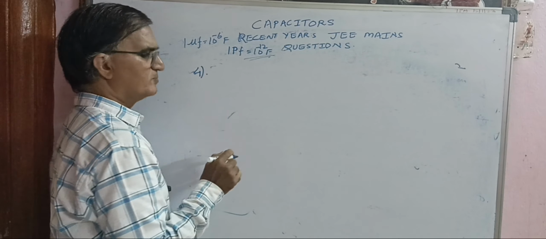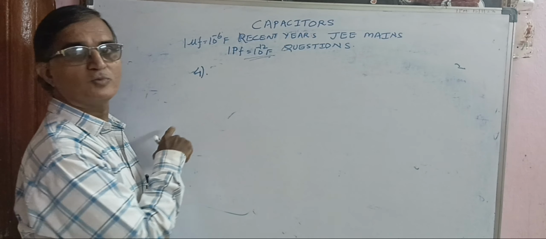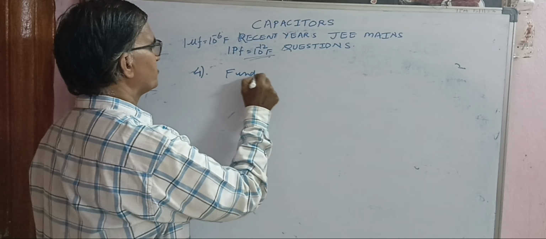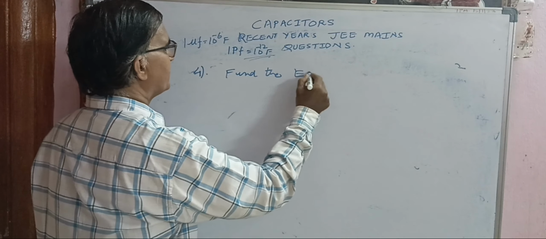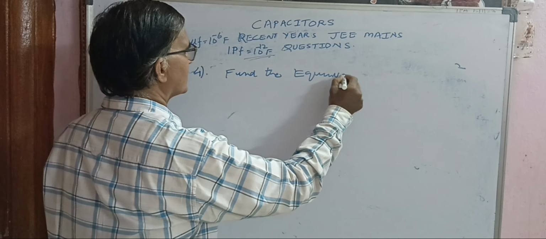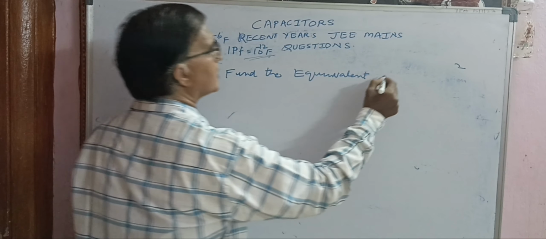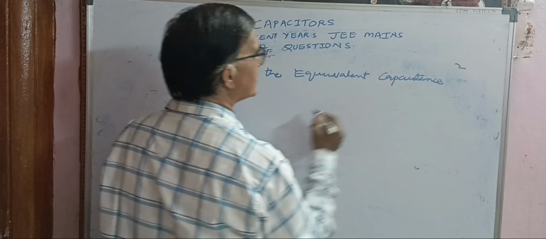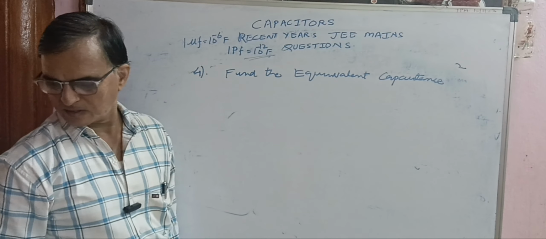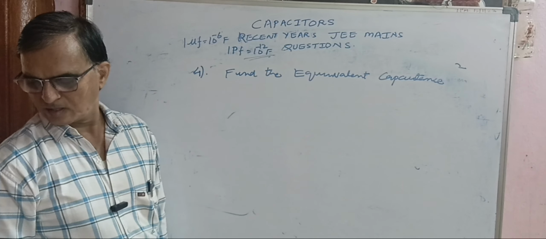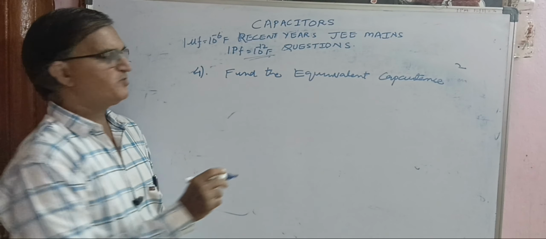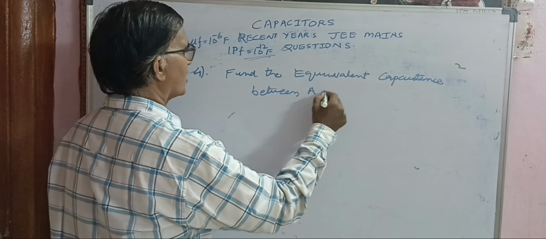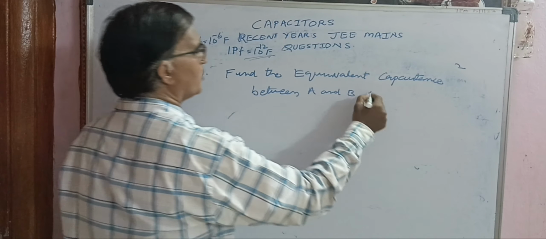Now, fourth problem. Find the equivalent capacitance between A and B of the following combination.